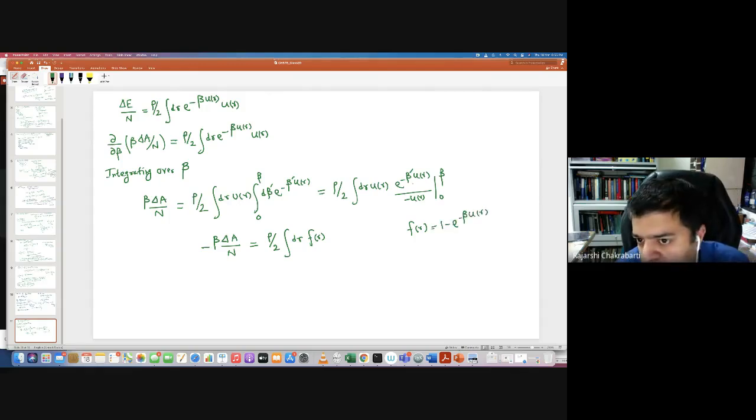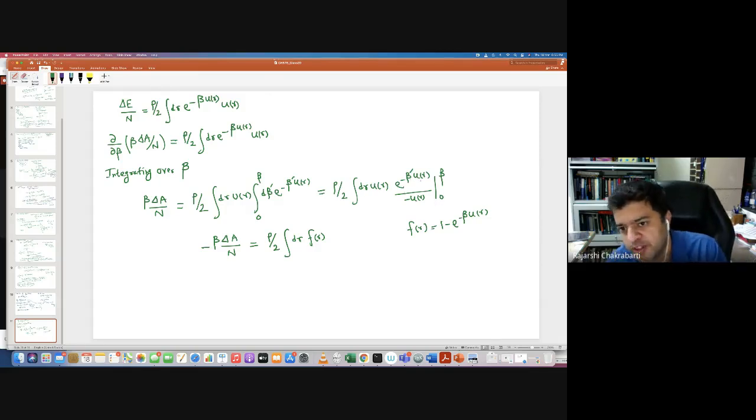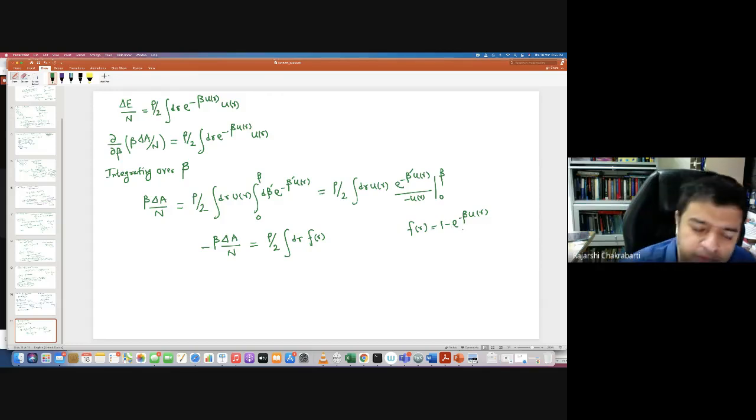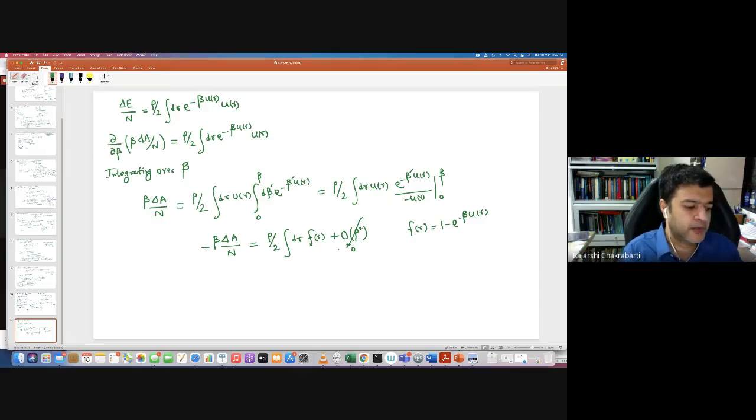Because when I put in the limit, exponential of −βu(r) minus 1, exponential of 0 is 1, and then they multiply with minus 1, that's why it is 1 minus this. So this is fine, the way I've written it here. I can have other higher order terms, but these are negligibly small. So this is how it is.